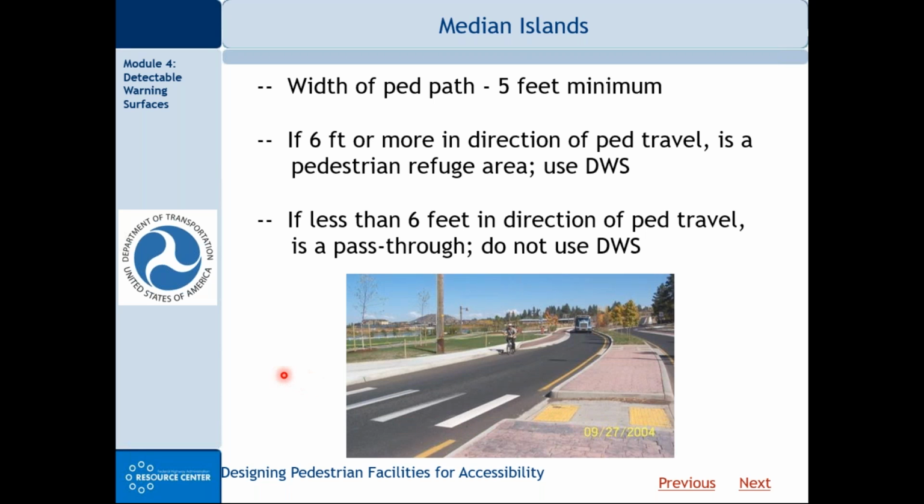If it's less than 6 feet, it's considered a pass-through or a cut-through, and the surface should be smooth. If it's less than 6 feet, it's not a refuge area. We don't want pedestrians hanging out there. We want them to think they're still in the street. So if it's less than 6 feet, there should be no domes there. But I see that done incorrectly throughout my travels.